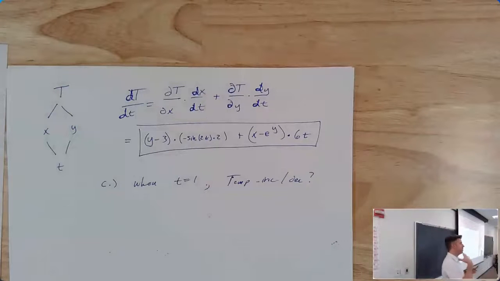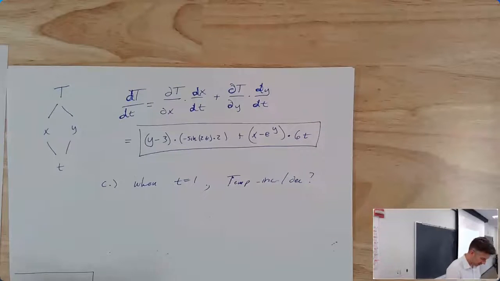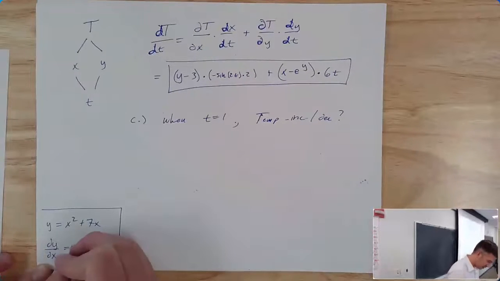So the difference between the del and the d is that we say dt, or dy/dx, if something's a function of one variable. So way back in the day, if I have y equal to x squared plus 7x, I'm going to say the derivative of y is dy/dx, because y only depends on one variable.